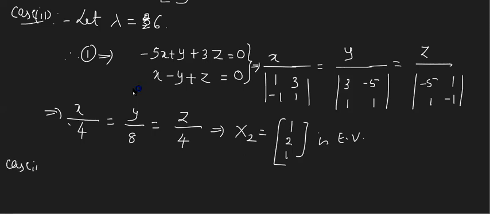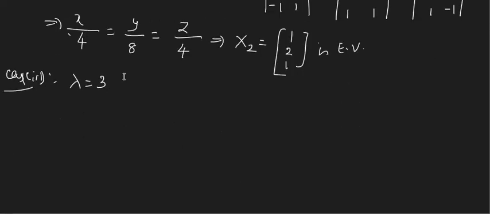Last one. What is the value of lambda? Lambda is 3. Tell me what the set of equation 1 converts to if lambda is 3. 1 minus 3 is minus 2x plus y plus 3z, correct?